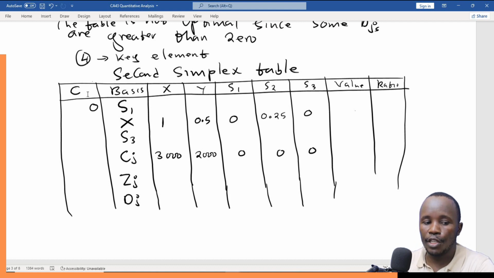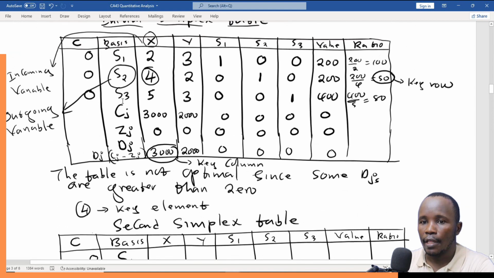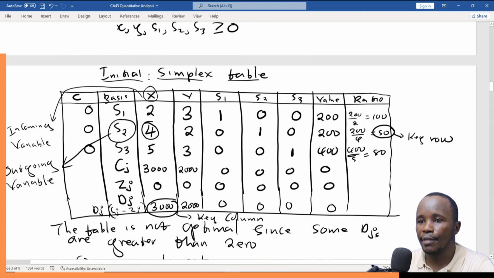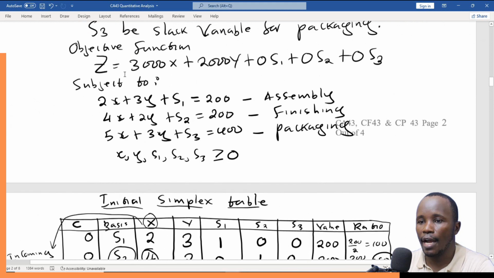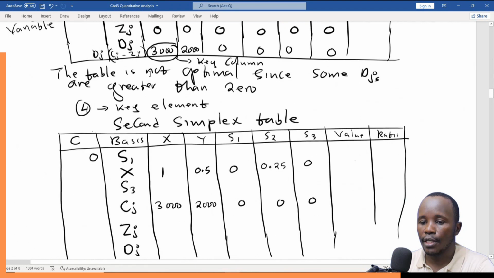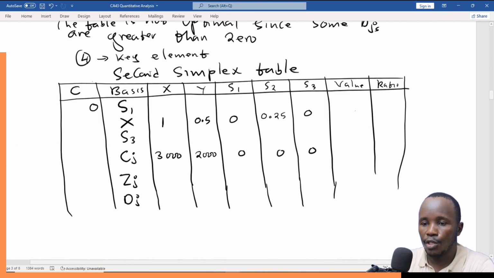X, what is the coefficient of X? The coefficient of X has been replaced and is found in our Z here. The coefficient of X here is 3000. So this one is 3000. And then this one is going to be 0.